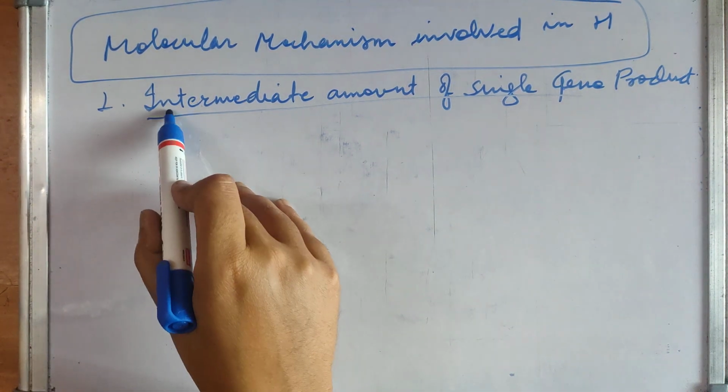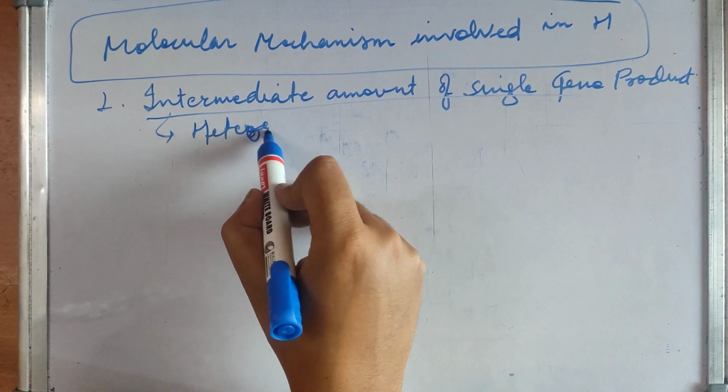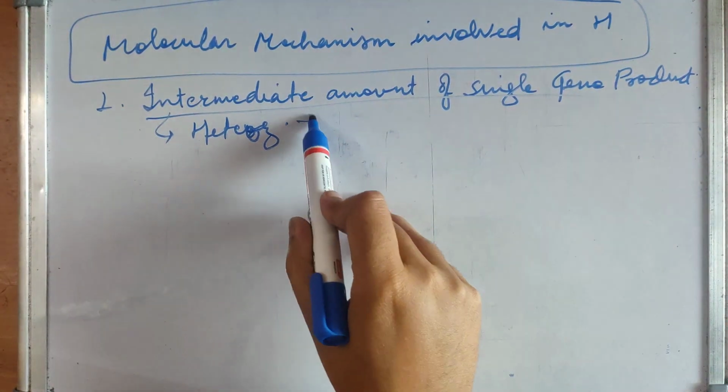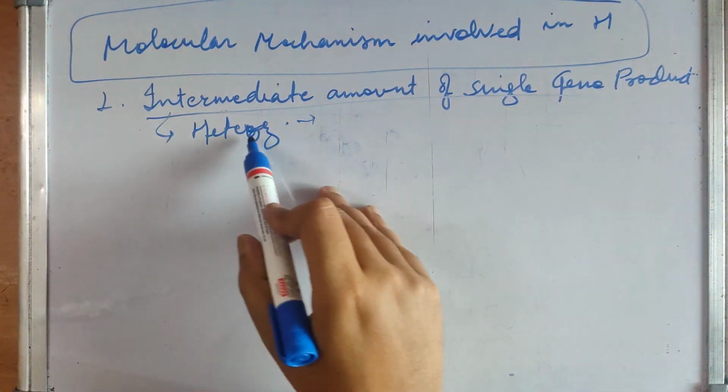We have discussed this earlier also. Heterozygotes produce an intermediate amount of single gene product, which may lead to increased vigor and growth rate.